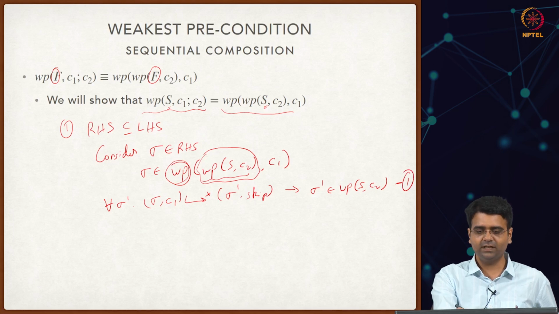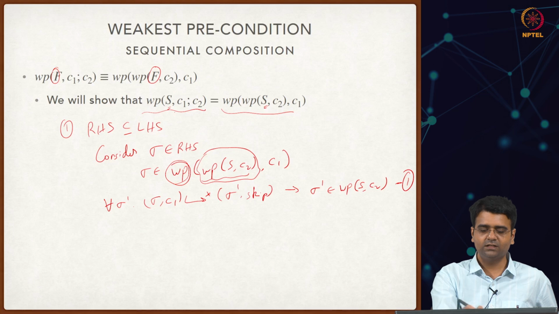So to prove that sigma is in the left hand side, I need to show that on executing C1 semicolon C2, finishing the execution of C1 semicolon C2 on sigma, I am guaranteed to be in a state in S. So this is what I have to prove.